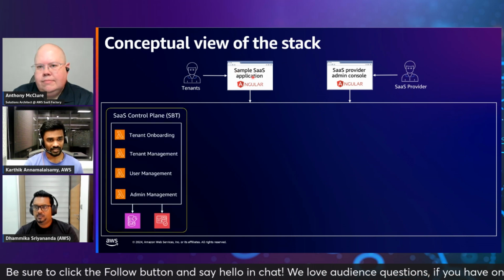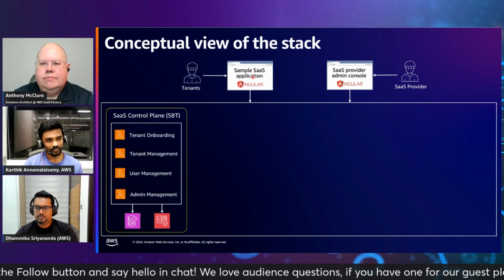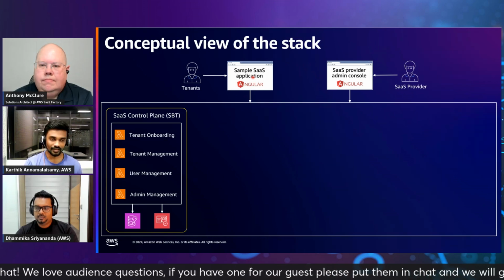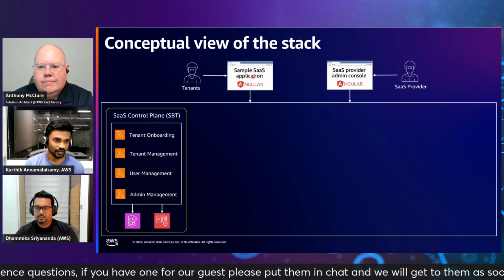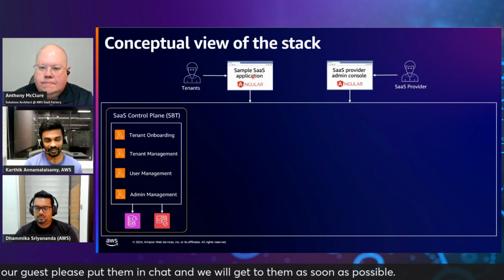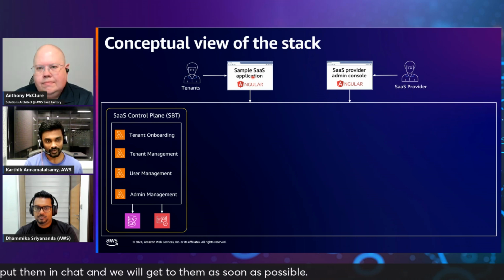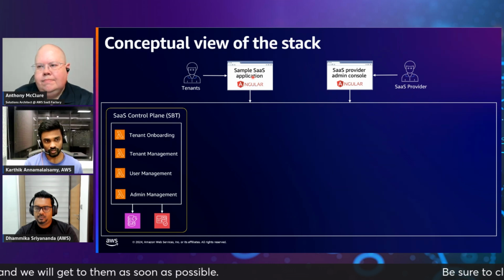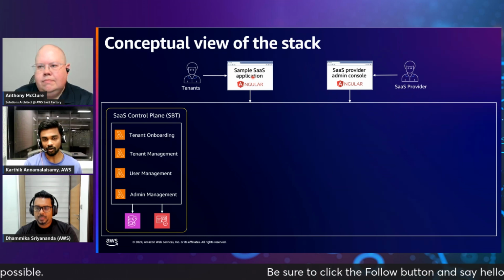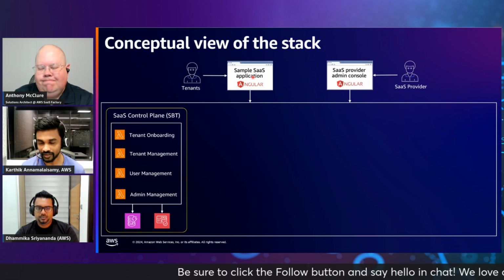When it comes to the SaaS control plane, we have built it based on the AWS SaaS Builder Toolkit. As people will know, it's more of a framework with a set of reusable components built with best practices on building SaaS from AWS, and our reference solution leverages it to build the control plane and all the other common constructs required in a SaaS solution.